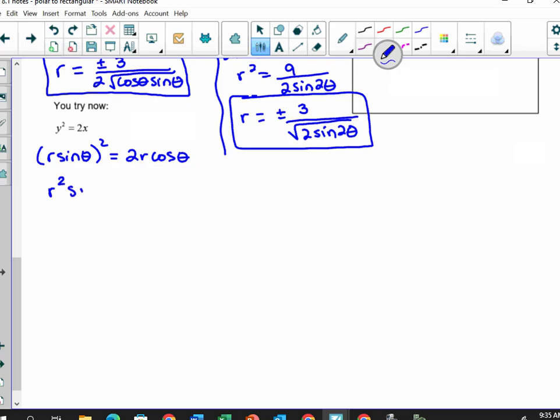So r squared sine squared theta equals 2r cosine theta. Everybody okay with that? Okay. When you're solving for r, guys, just like on your trig stuff, you cannot divide everything by r because you lose solutions. What I can do is move everything over and then factor.